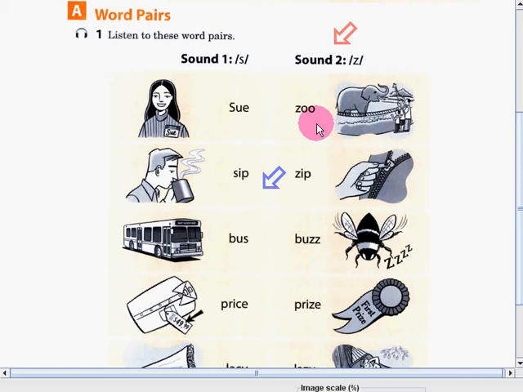Just to produce the sound, they will use another sound that they think is near to that sound. We have here sound number 1, a group of words with S sound. And in sound number 2 is a group of words with Z sound.